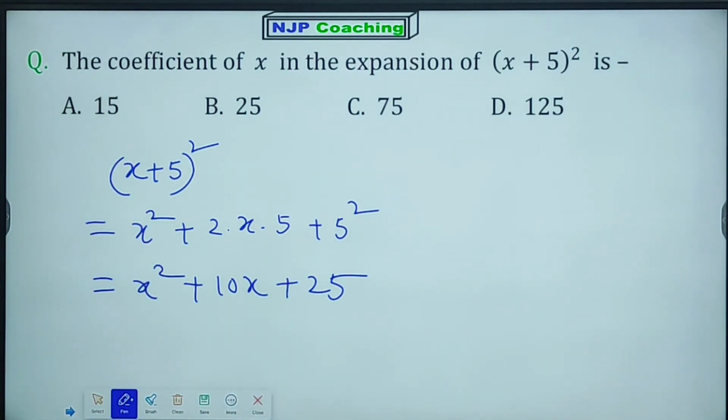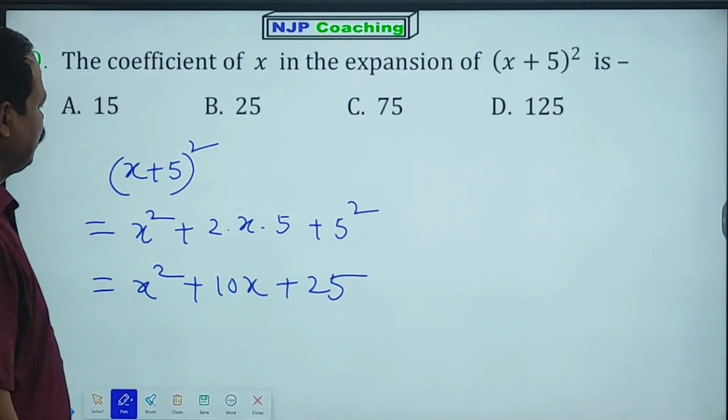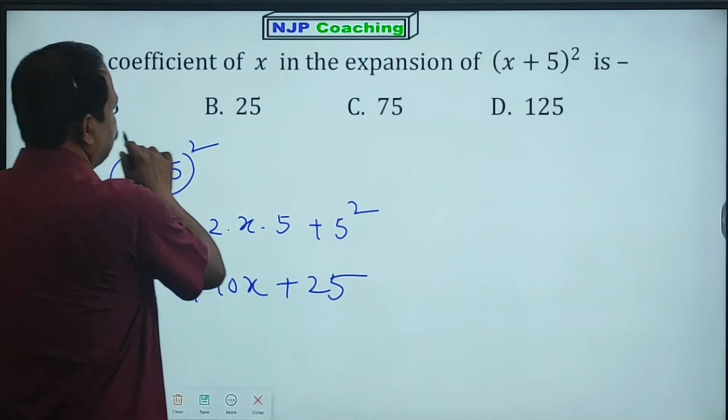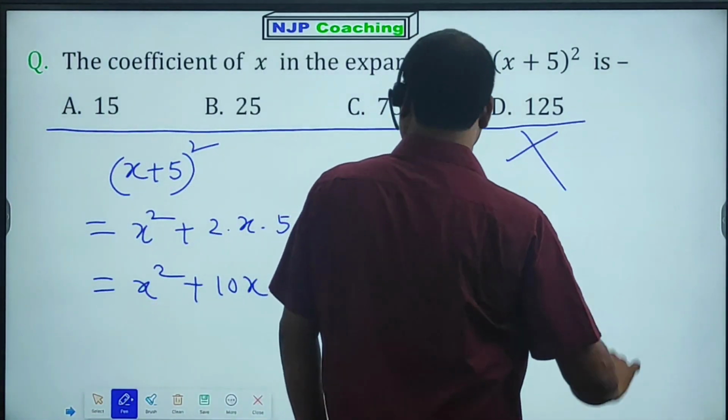Okay. x square plus 10x plus 25. In this question, the options are wrong.